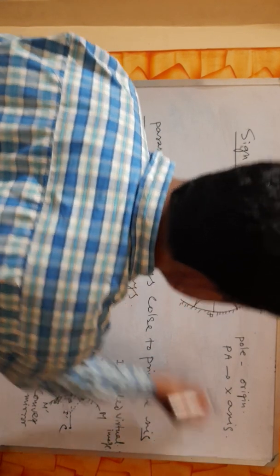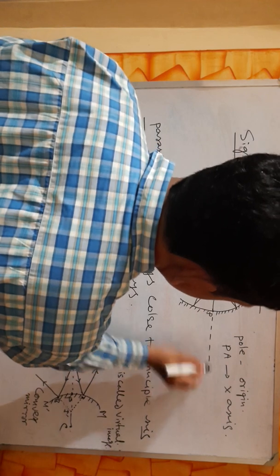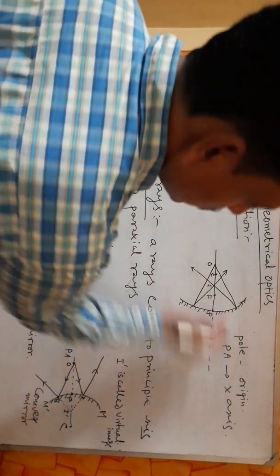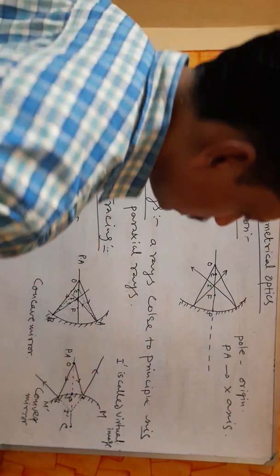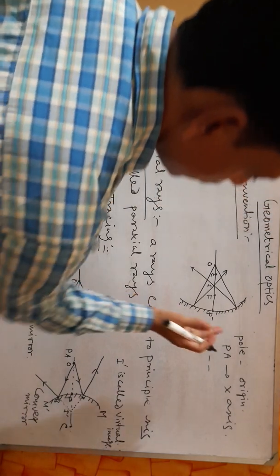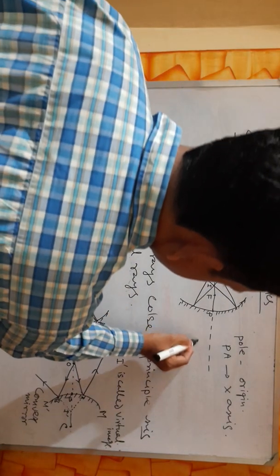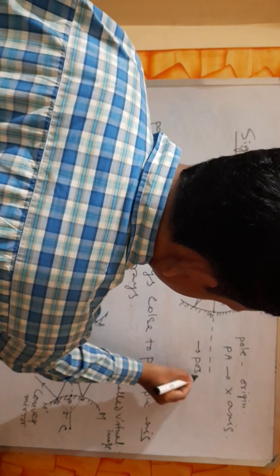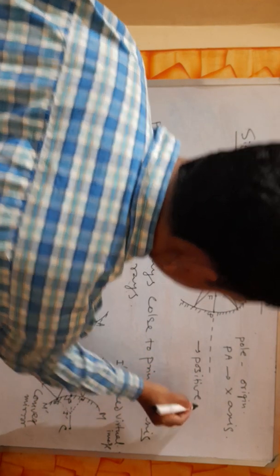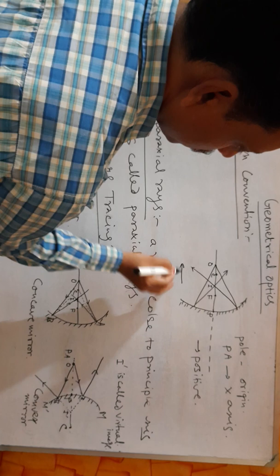One side is the positive x-axis, and the other side is the negative x-axis.